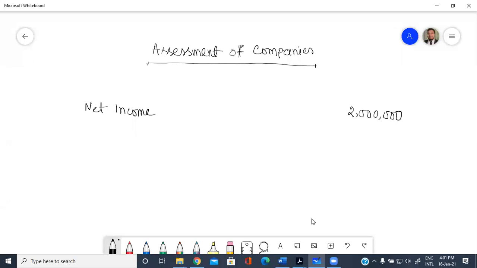So we have to make some adjustment for the expenses which are inadmissible. And if we see that some expenditures are truly expenditures, but they have not been subtracted when they are calculating this, what do we need to do now?